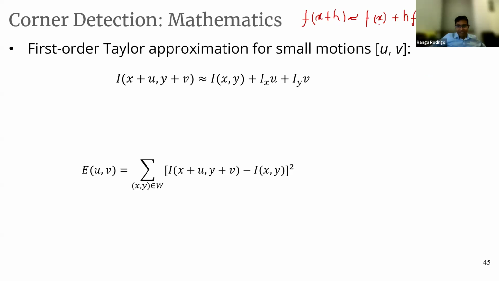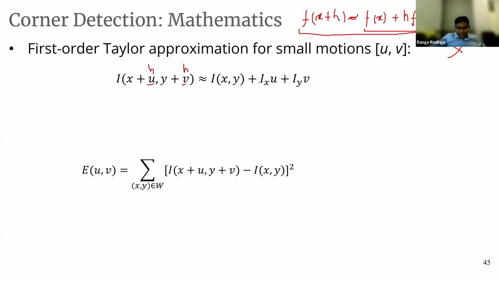That's a Taylor approximation. So in this image processing, we only take the first order approximation. Only these two terms we consider. We don't consider these terms. But it is 2D, right? So you have u and v. This is h in x direction, this is h in y direction.